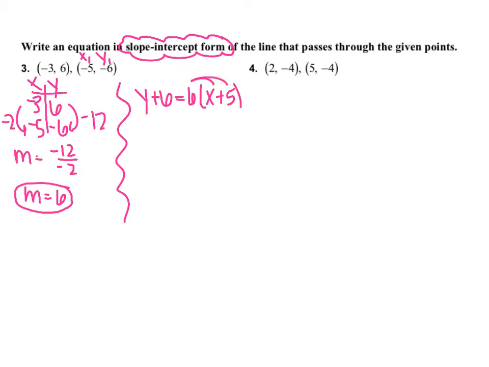This time I want slope-intercept form, so I need to distribute and get y by itself. That gives me y plus 6 is 6x plus 30, and then minus 6, and I have y is 6x plus 24.